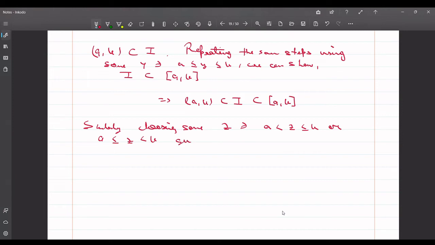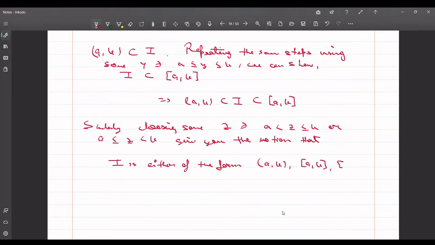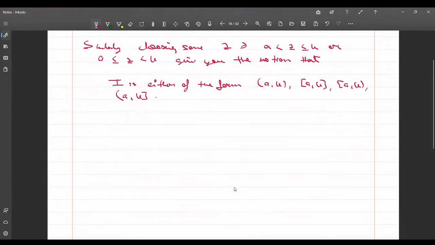This gives you the notion that I is either of the forms open interval AB, left open right closed, left closed right open, or closed interval AB. So this was about case 1. This was what we needed to prove.